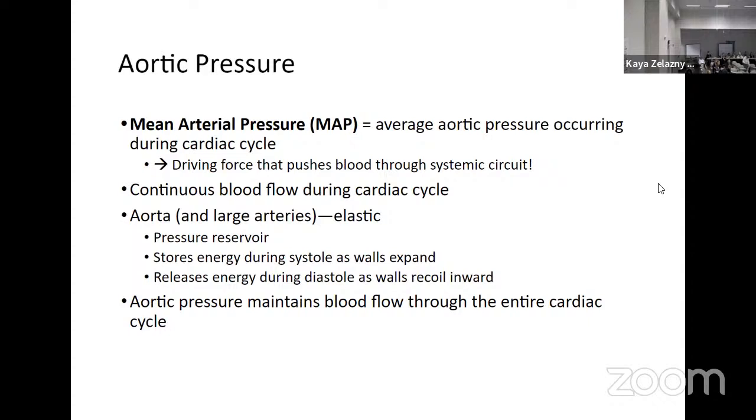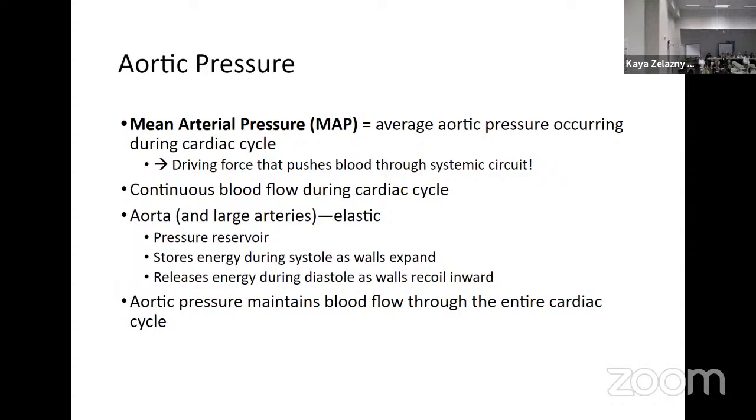They want a steady-ish stream, okay? So your blood pressure and the pressure in the aorta is really important for that, because even while your heart is relaxing and filling with blood, your aorta is holding some pressure that it can release to continue flow to your organs. So basically, we think of the aorta and other large arteries as a pressure reservoir.